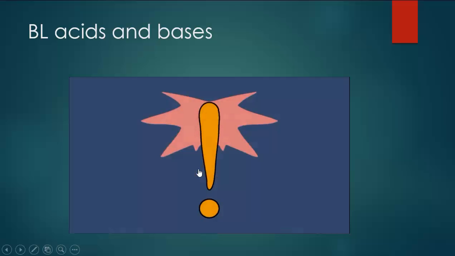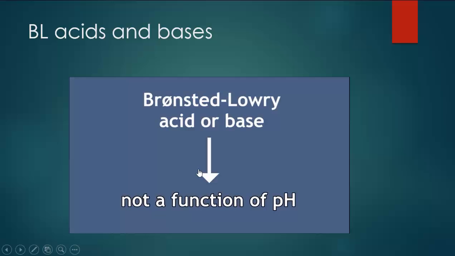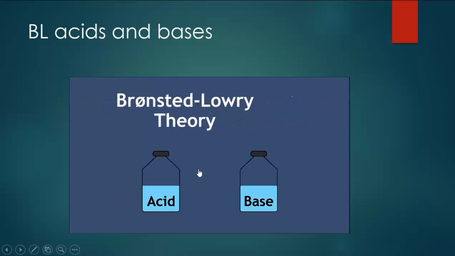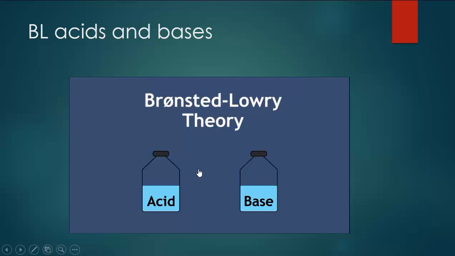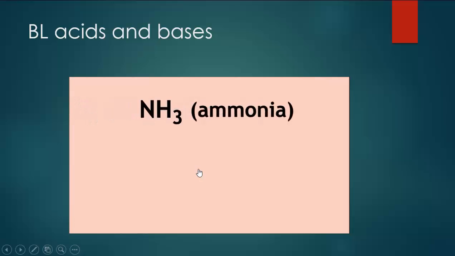Notice that the definition of a Bronsted-Lowry acid or base is not a function of pH. So an acid-base reaction, according to the Bronsted-Lowry theory, involves the transfer of a proton from one substance to another. In the introduction, we mentioned that ammonia acts as a base even though it does not release hydroxide ions, which is stipulated in the Arrhenius theory.